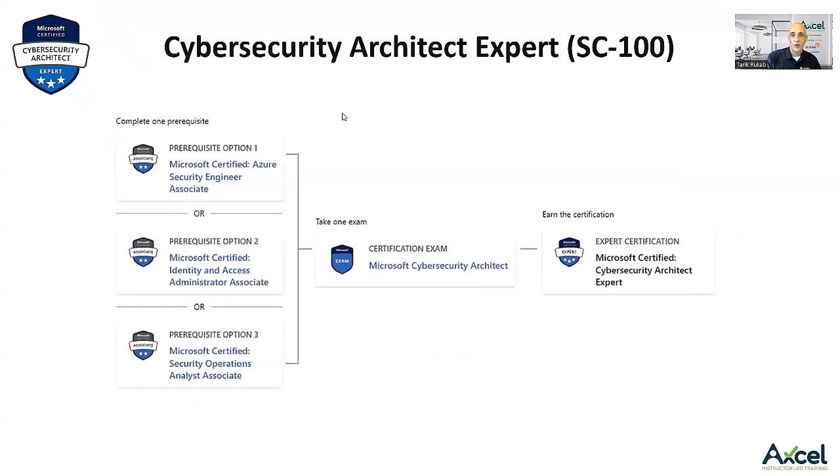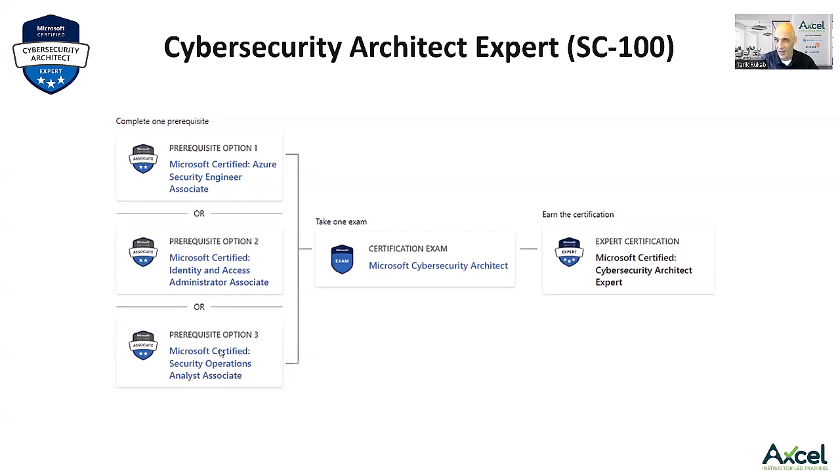All right, so if we kind of take a look at this one in a little bit more detail, just to come to the next PowerPoint here, you'll notice that you'll see Microsoft Certified Azure Security Engineer Associate. Okay, so that's the AZ-500. We have Microsoft Certified Identity and Access Administrator Associate. That's the SC300. And then the Microsoft Certified Security Operations Analyst Associate. That's the SC200.